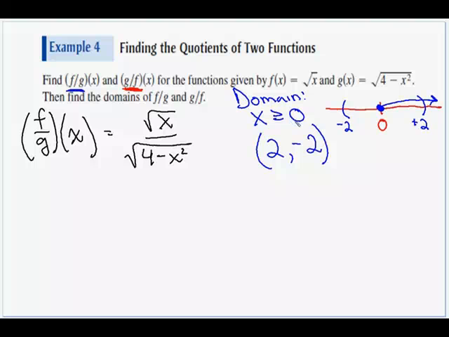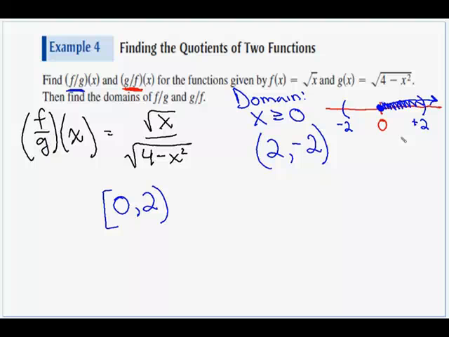Where do these domains overlap? Well, right along here. So the domain of f divided by g of x is bracket 0, comma, 2 parentheses. All numbers between 0 and 2 with 0 included. 2 is not. If we did include 2, that would zero out our denominator.